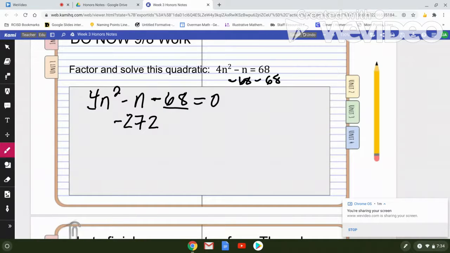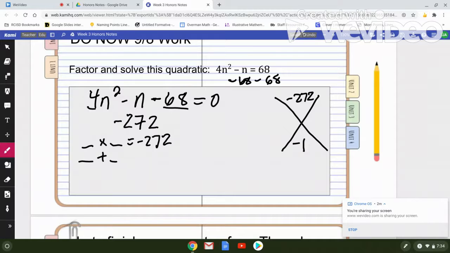Okay, so your Algebra 1 teacher told you to do this in a cross, negative 272, and then this would be negative 1. So we're looking for two numbers that multiply together to give you negative 272, but those same two numbers add together to equal negative 1.